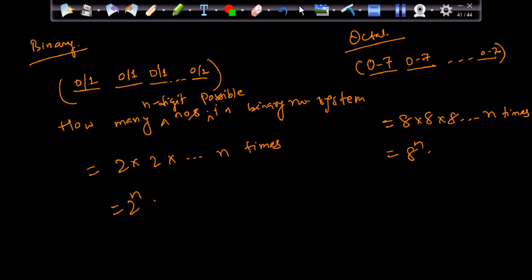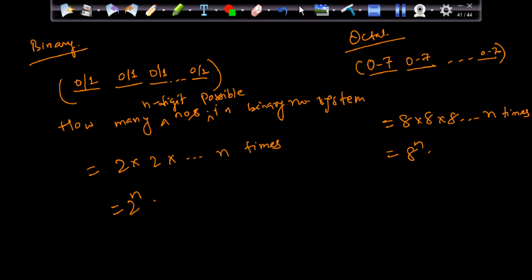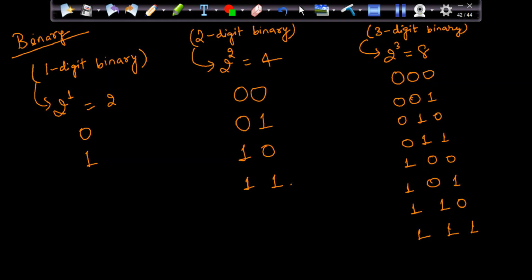Okay, so this is true for any number system. If you have n digits, how many numbers are possible? It is equal to b to the power n. Okay, so this 0 0 and this 0 is the same. This 0 1 and this 1 are the same thing.